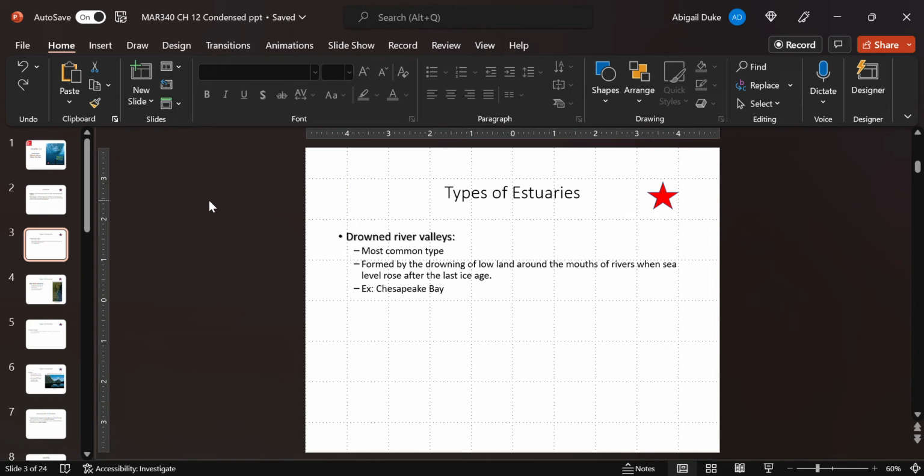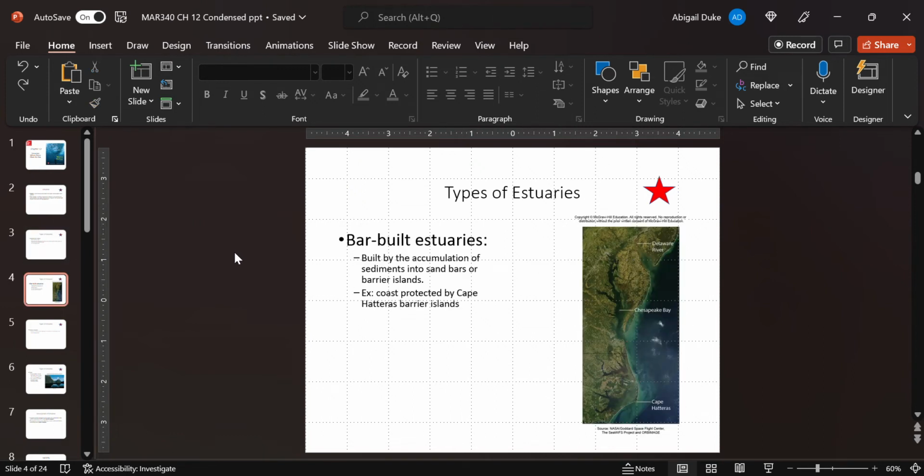Drowning of lowland mouths of rivers. Okay, I guess that makes sense. It's just where rivers and seas are mixing because of things.